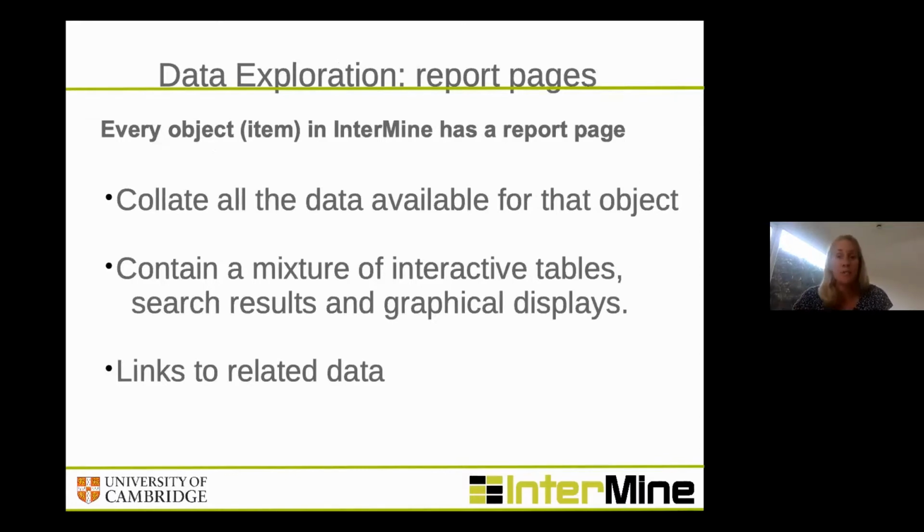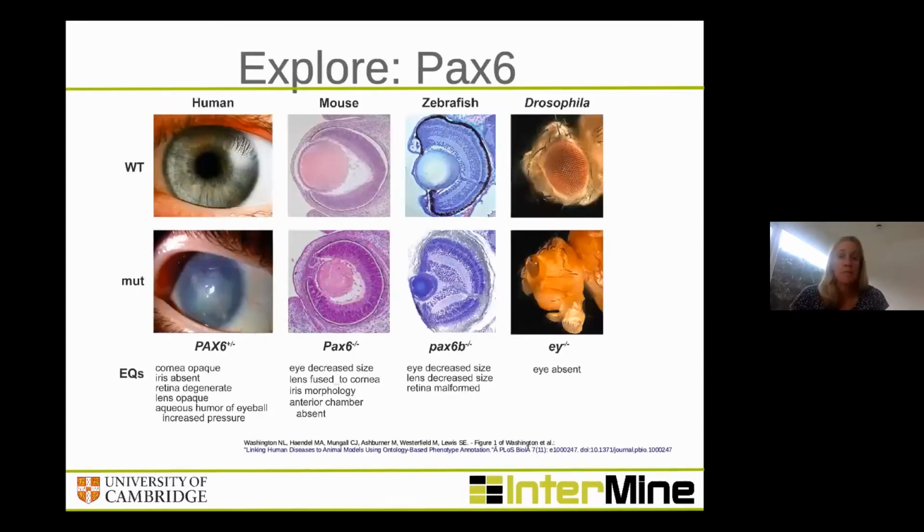So it's a nice way to start at one point and explore through to other related types of data. Throughout the workshop, we're going to focus on the PAX6 gene for our examples. PAX6 is a very highly conserved transcription factor. It's important in eye and brain development, and it's very highly conserved right through from human, through mouse, the fish and the flies, as you can see from this slide.